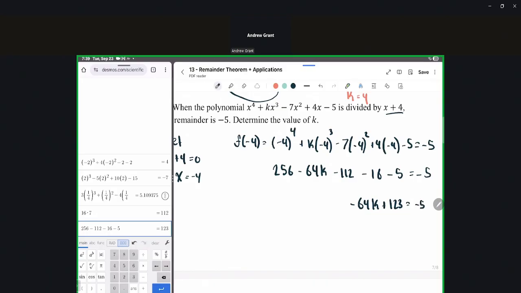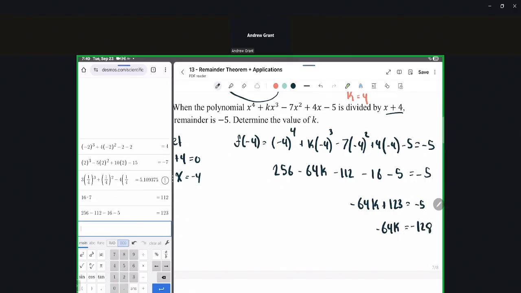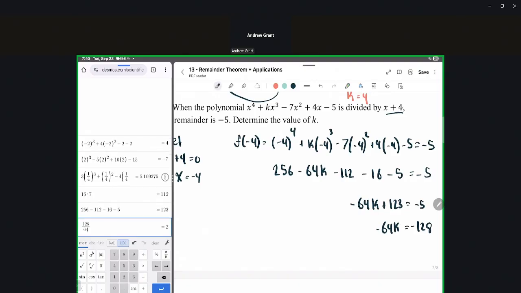Minus 123 from both sides. So we're going to end up with negative 64k is equal to negative 128. And if you take 128 divided by 64, you actually get a nice number of the negative variety.